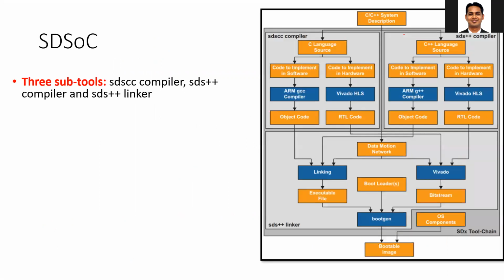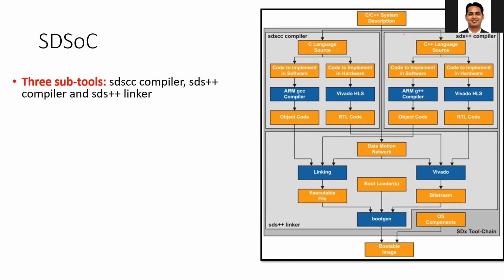As discussed in Lab 2, SDSoC allows your C code to be divided between the hardware and software. The software part is converted into object code via a compiler, while the hardware part is converted into the bitstream via high-level synthesis and the Vivado design flow.